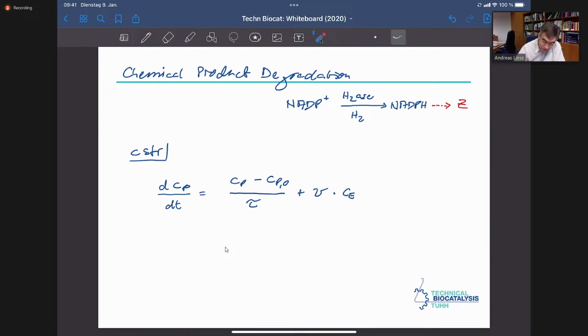And now, not discussing it in any more detail because we discussed degradation and deactivation in detail, it's minus the concentration of P times the deactivation term, in the same manner as we described it beforehand for B, for example. And with this, we can clearly describe chemical product degradation.